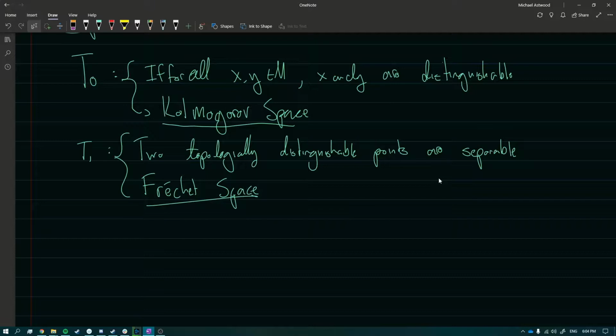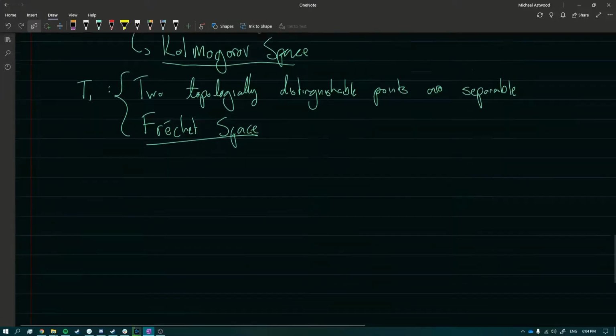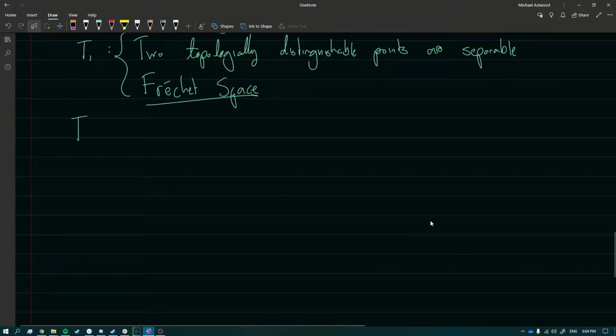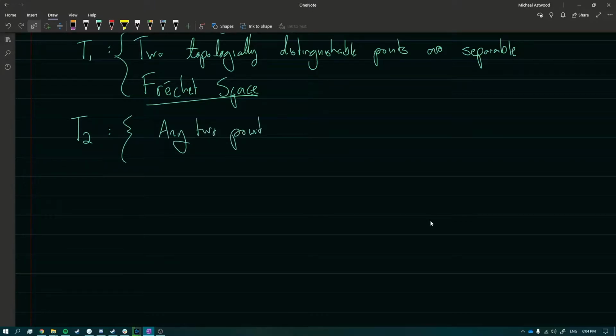And the next axiom is called the T2 axiom, and this one's probably the most important. So this says that any 2 points are separable by open sets.